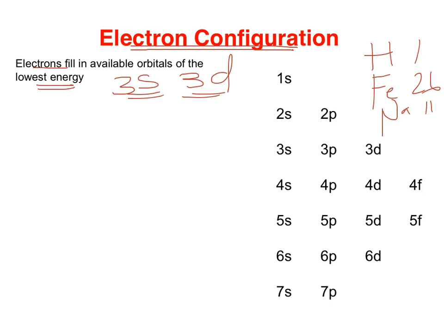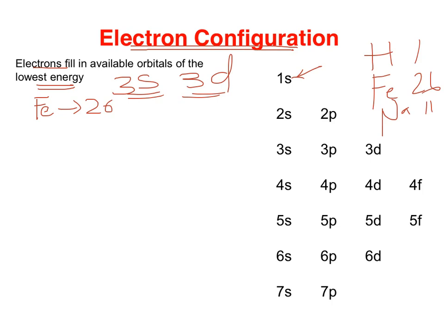So, let's take the example of iron, which has 26 electrons. A couple of things you have to remember: any s orbital, 1s, 2s, 3s, 4s, whichever, can take 2 electrons. p can take 6 electrons and d can have a maximum of 10 electrons.